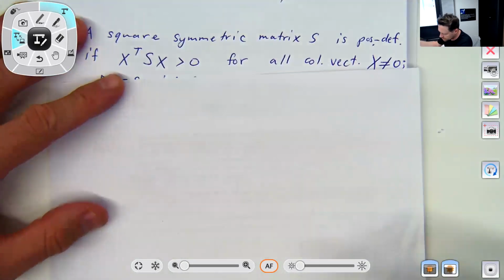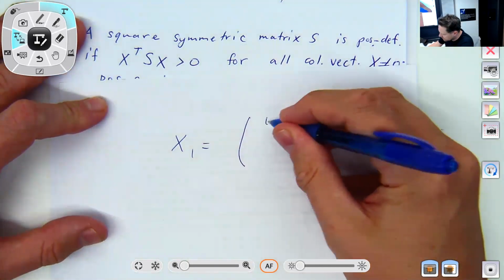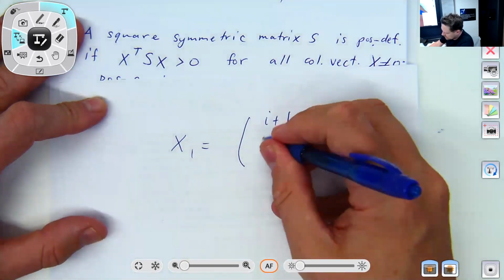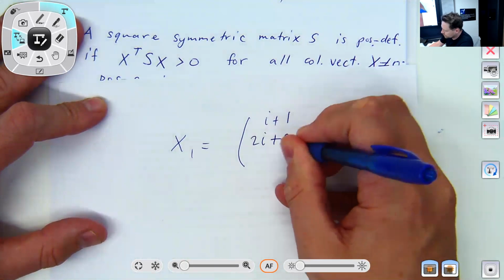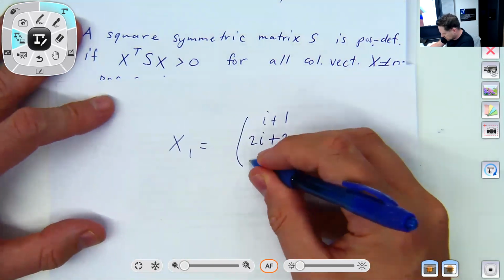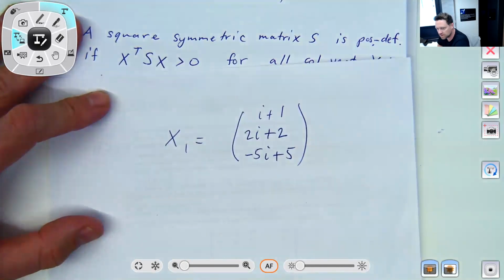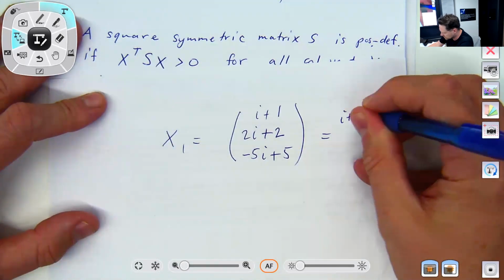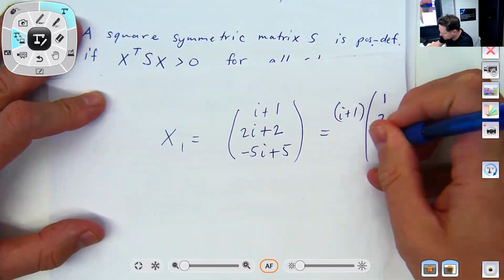So what I mean is, suppose you had x1 is equal to, say, i plus 1, 2i plus 2, and minus 5i plus 5, okay? So you can see that I can factorize out the i plus 1 out of them. And so I would have 1, 2, and minus 5.